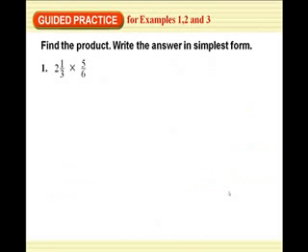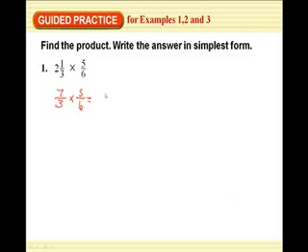So the guided practice. Hang on, I'm going to sneeze. Sorry. Excuse me. The guided practice. We can't multiply unless they are in fraction form. So check this out. 2 and 1/3, we do the half circle, 7/3 times 5/6.